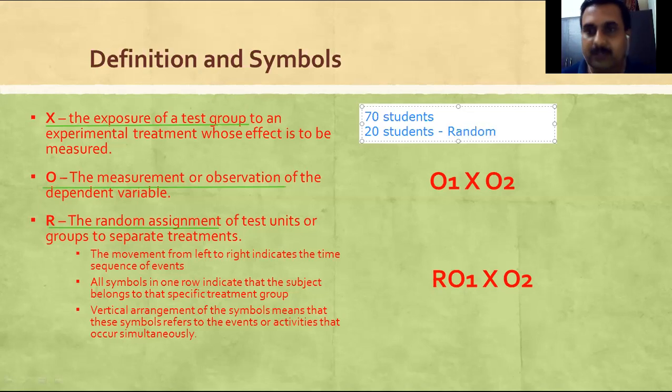So what we are going to do, we'll note down the names of these 70 students on sheets. We'll keep all those sheets in a box, and one by one, we'll select the students, and we'll keep on repeating this exercise till we get 20 students out of those 70 students.